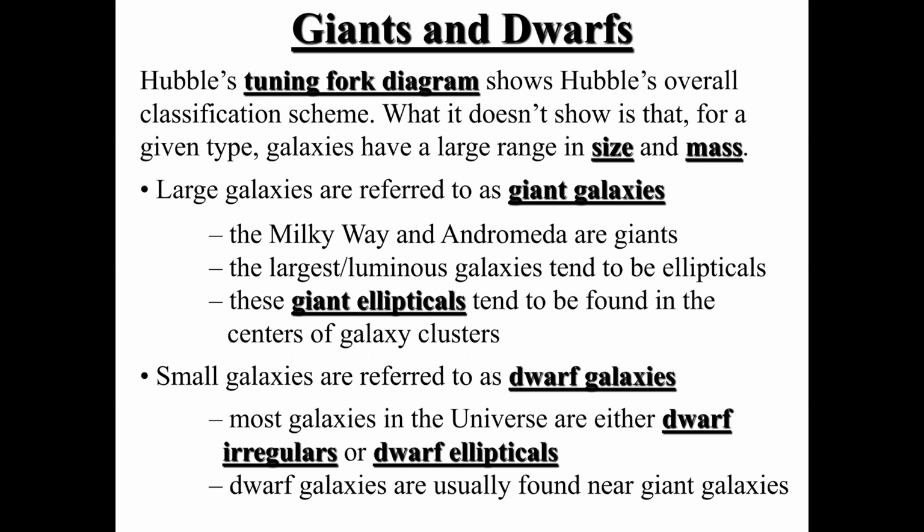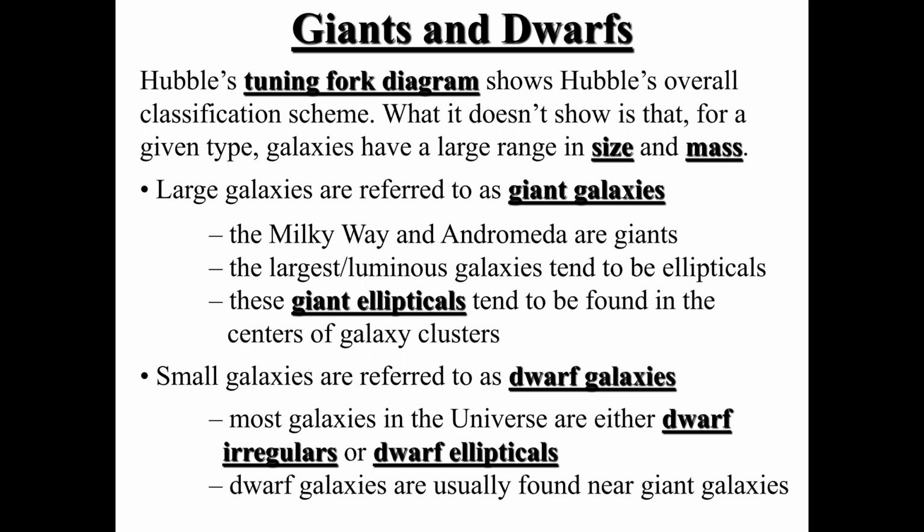These spiral galaxies are divided into two sections in that tuning fork diagram. One section has bars in the spiral arm, and the other is the spiral galaxies without bars. And along each arm, they are divided based on how tightly the spiral arms are wound in the galaxy. Right? So that's the idea.